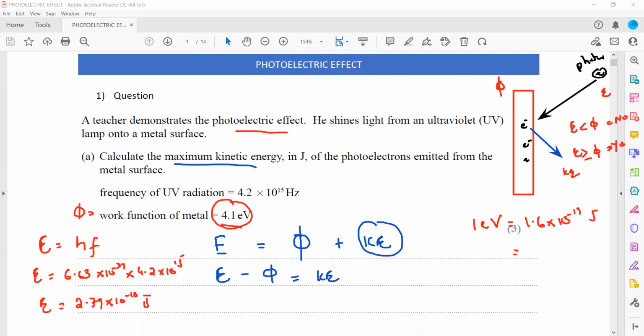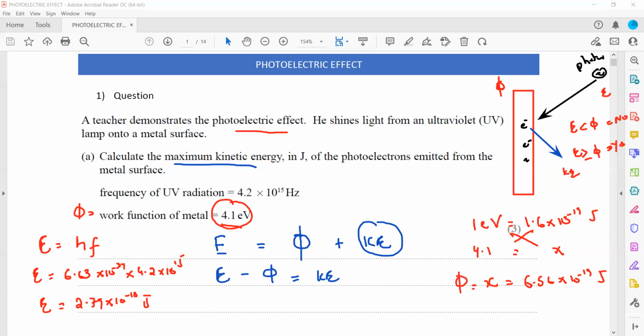In the question we have 4.1 electron volts, so how many joules will that be? Cross multiply: 4.1 multiplied by 1.6 × 10^-19. This gives us 6.56 × 10^-19 joules. So now we have the work function in joules.